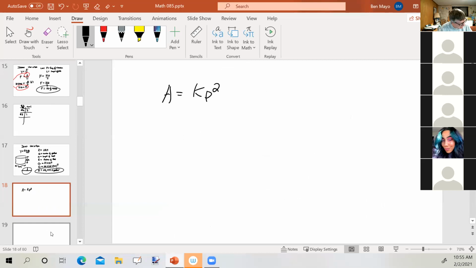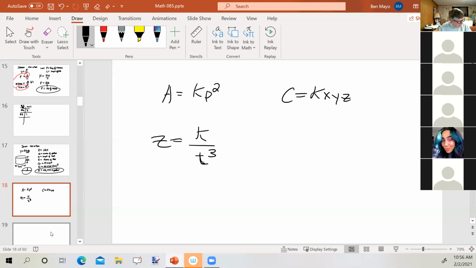Z varies inversely as the cube of T. Any questions there? All right. C varies jointly as X, Y, and Z. C equals K times X times Y times Z. Don't forget K. K is always there.